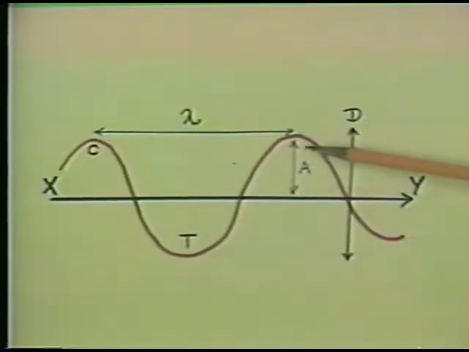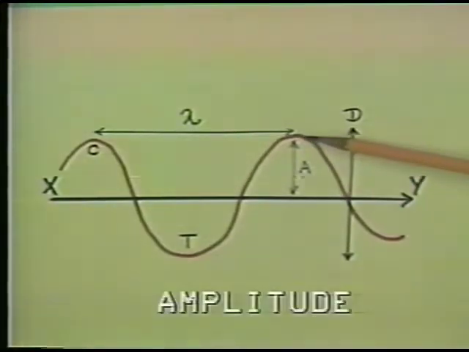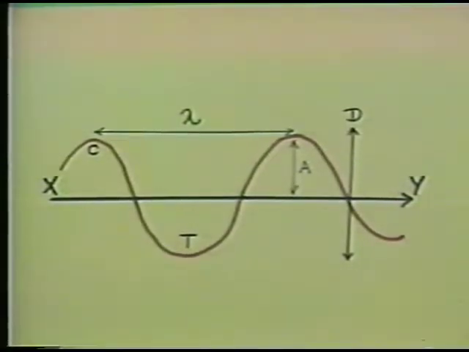It's really the half height of the light ray, and the amplitude is proportional to the intensity of the light ray. So the more intense the light ray, the higher this amplitude is. These are then the basic definitions of propagation direction, vibration direction, crest, trough, wavelength, amplitude.